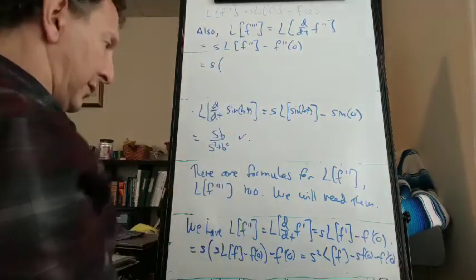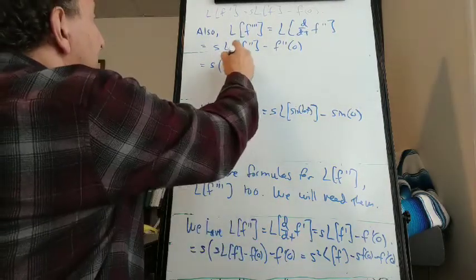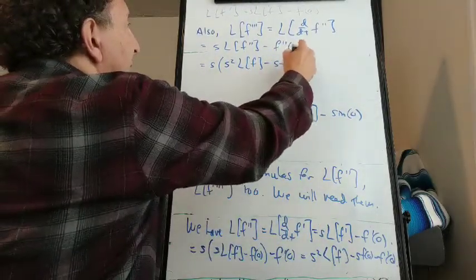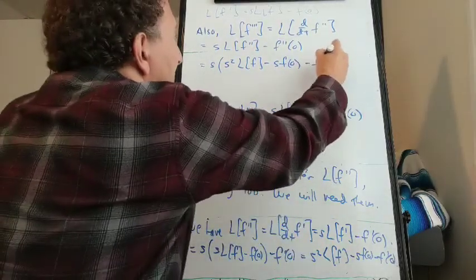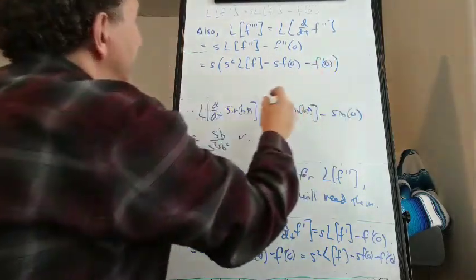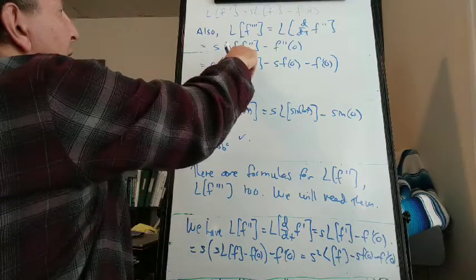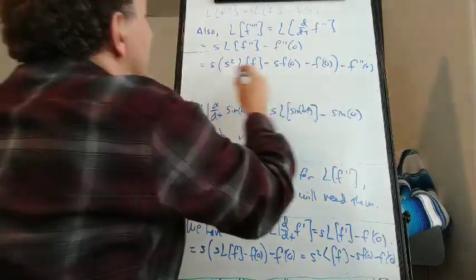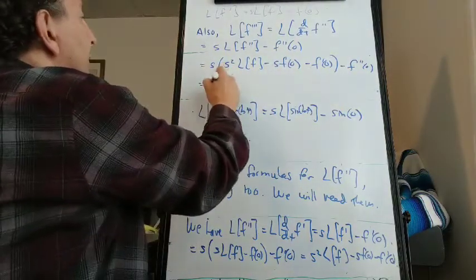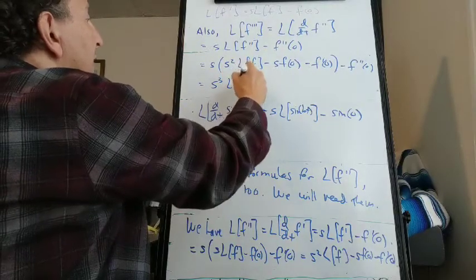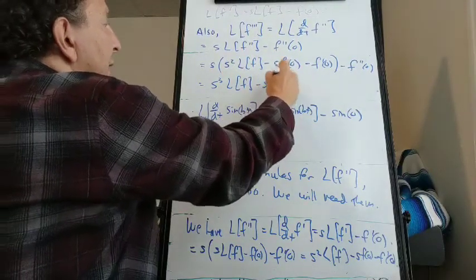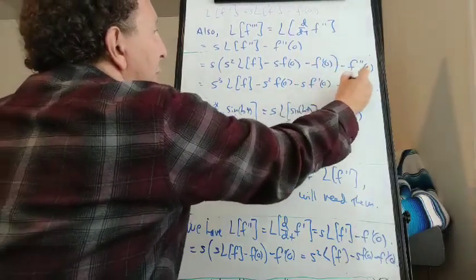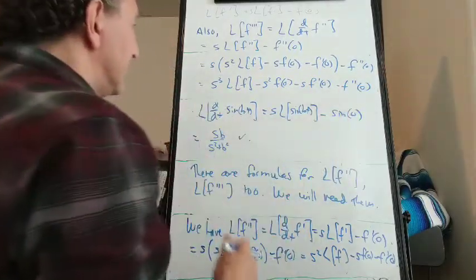So this is s times s squared Laplace transform of f minus s f of 0 minus f prime of 0. That was all the Laplace transform of f double prime, and then we have to subtract f double prime of 0. So we have s cubed Laplace transform of f minus s squared f of 0 minus s f prime of 0 minus f double prime of 0.